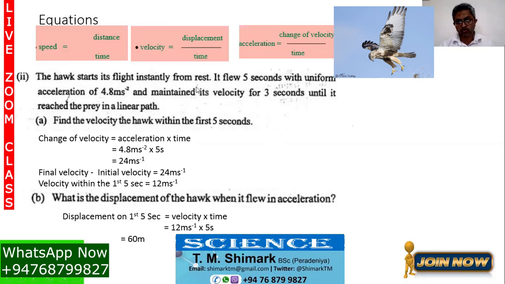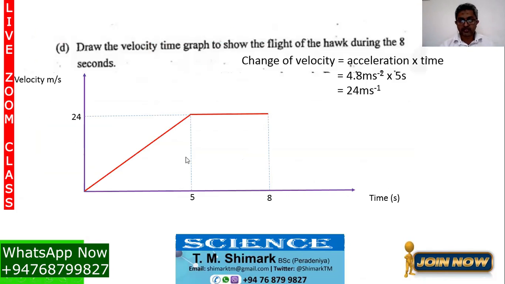So it maintained the velocity for 3 seconds, which we found out to be 24 meters per second. That's the maximum speed it reached, so it will continue with that. There is no change of velocity because it did not accelerate after. That's the reason we got a straight line parallel to the time axis: no change in the velocity, only the time changed. So this is the velocity time graph they asked us to draw.